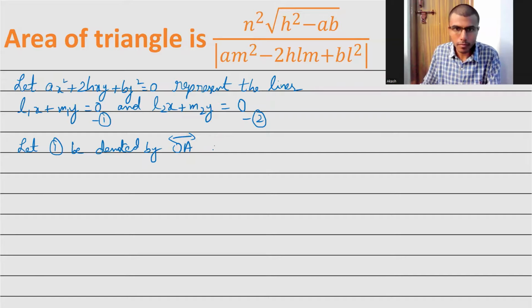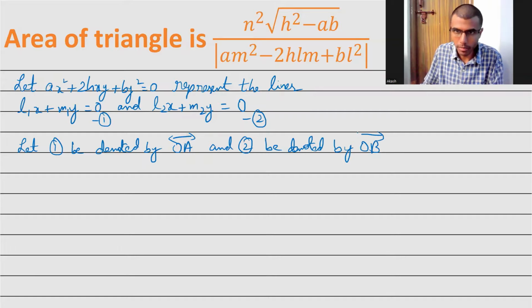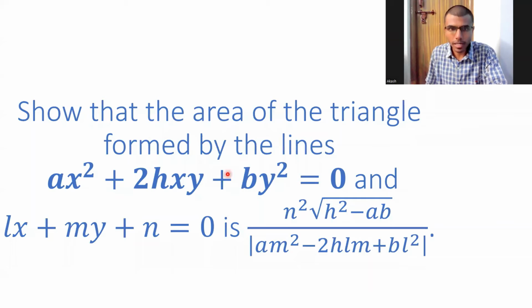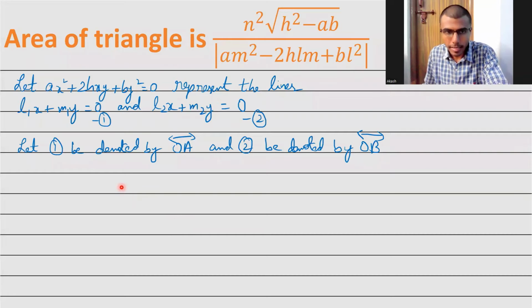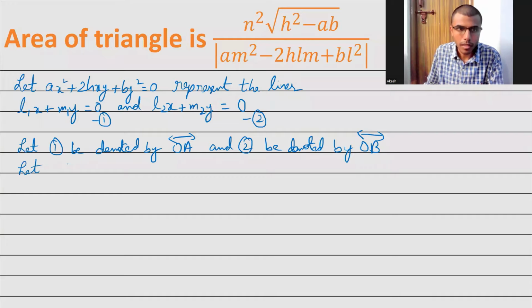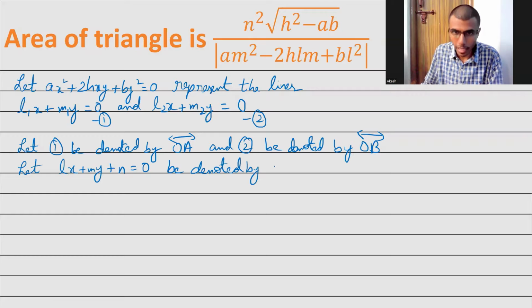And 2 be denoted by OB, line OB. And then this third line which we were given, lx plus my plus n equal to 0, I'm going to denote it by AB, line AB.